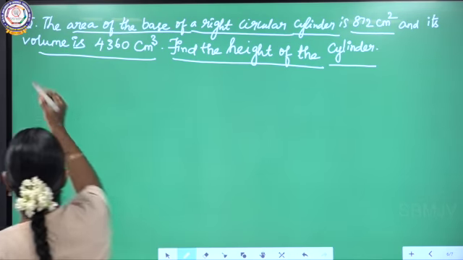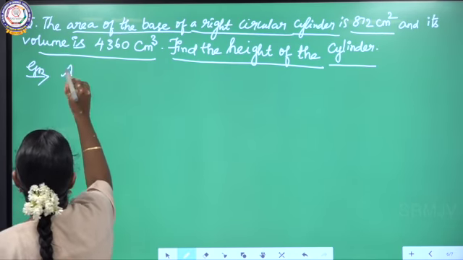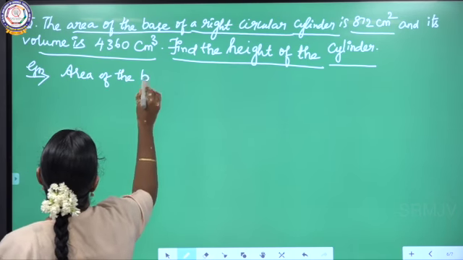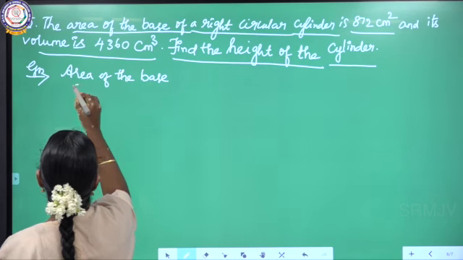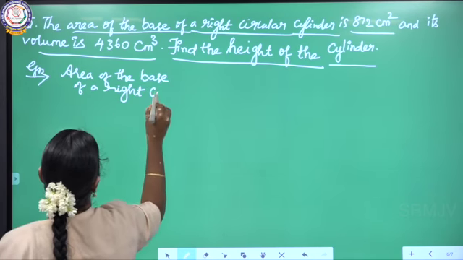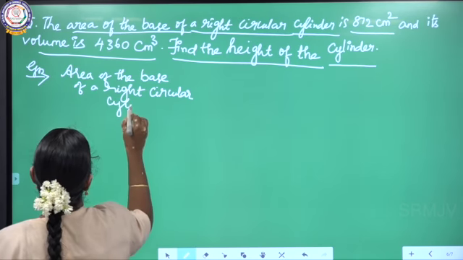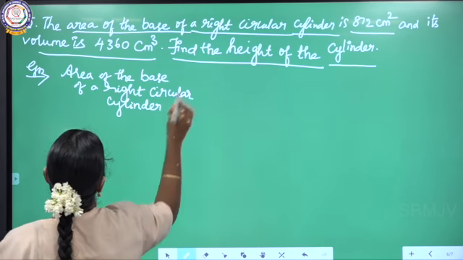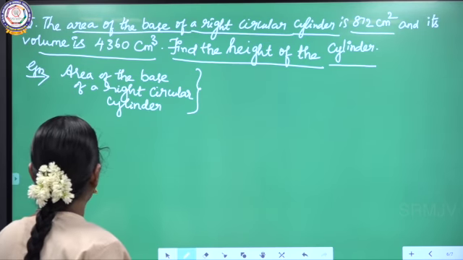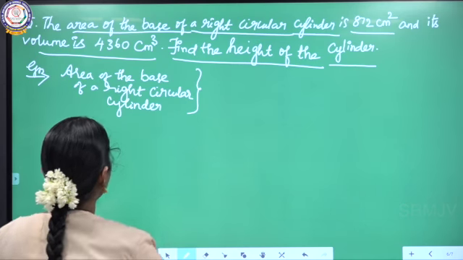Listen, just you can write what is given in the question. Area of the base of a right circular cylinder. Formula is what? Area of a right circular cylinder is what, ma?